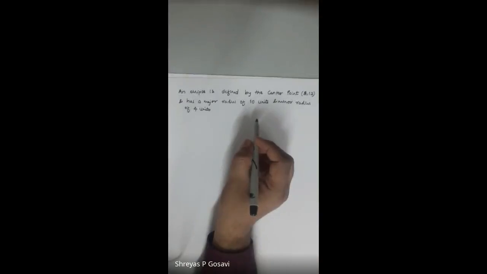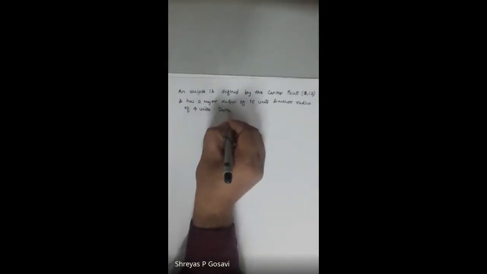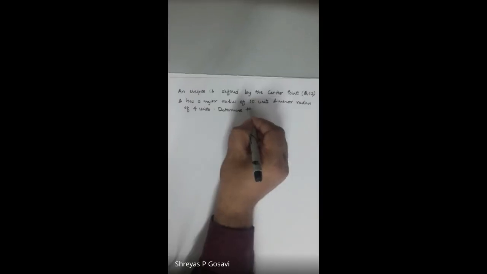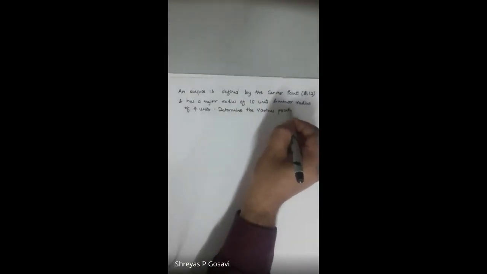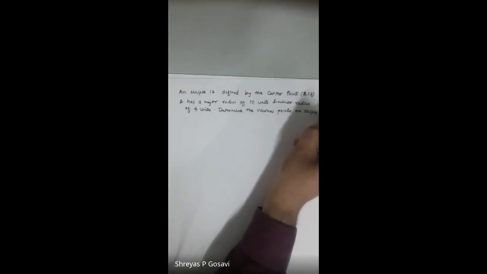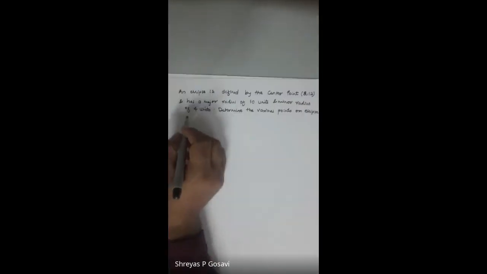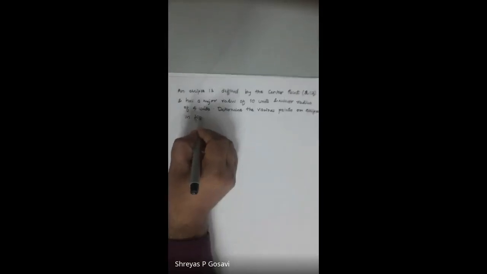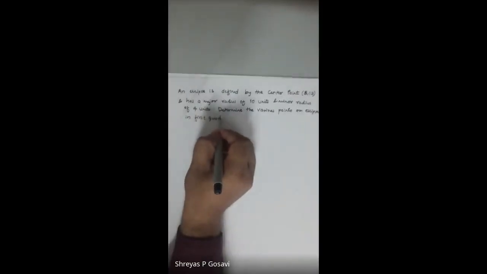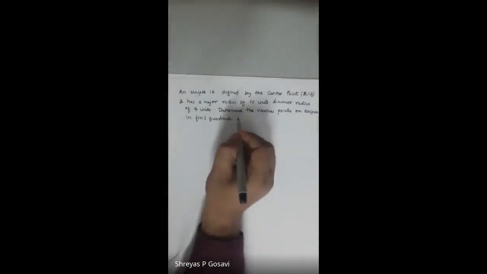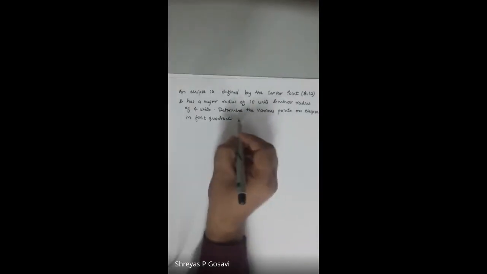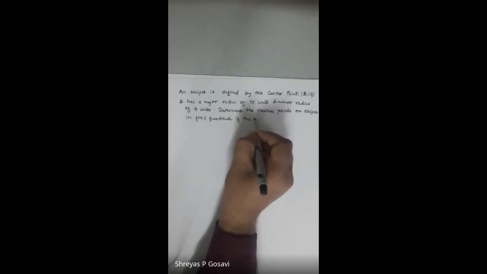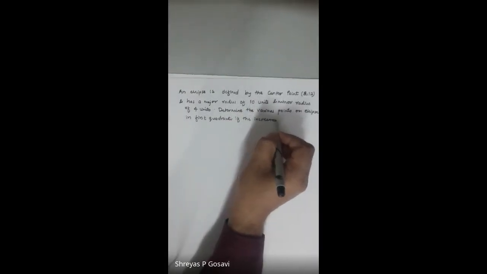Determine the various points on the ellipse in the first quadrant, if the increment between each point is 30 degrees.